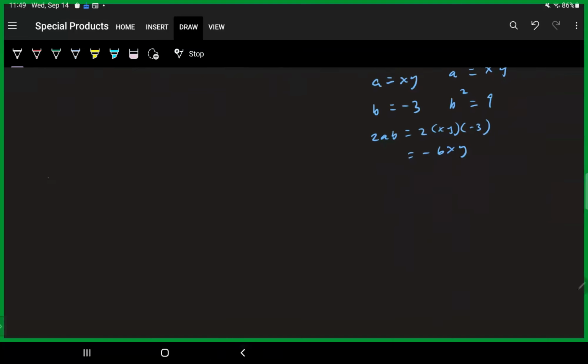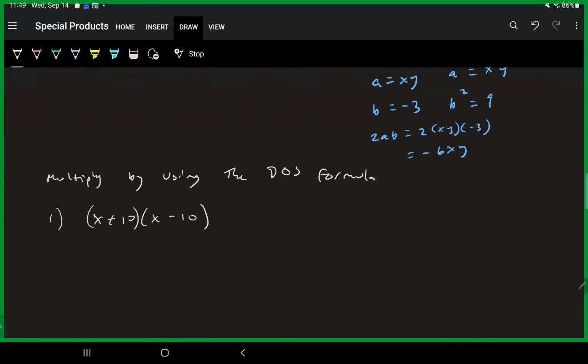Now, we're going to multiply using the difference of squares formula, and I have 2 examples. Let's look at x plus 10 and x minus 10.